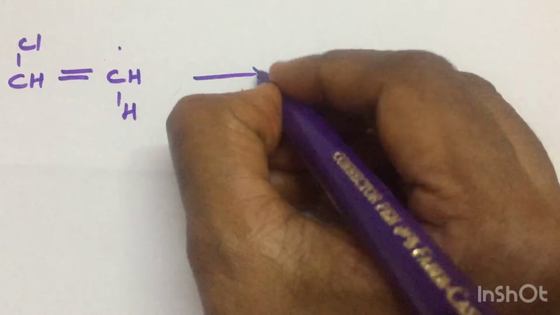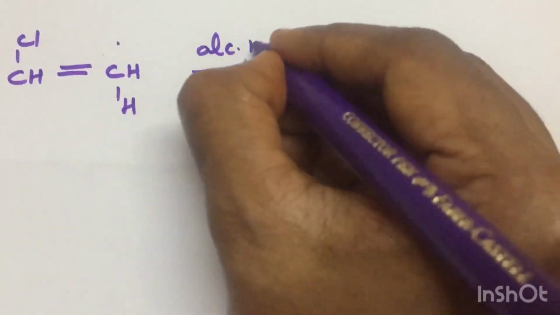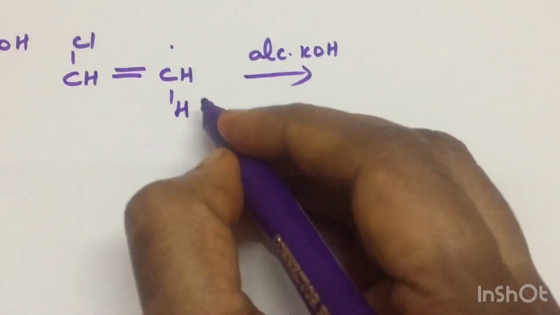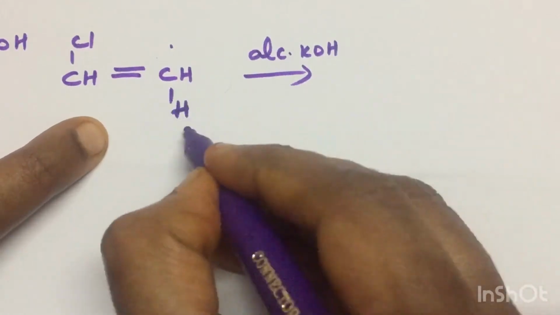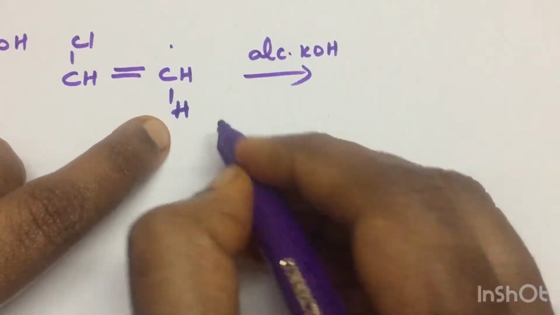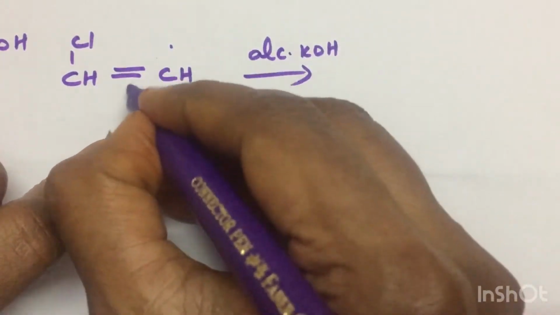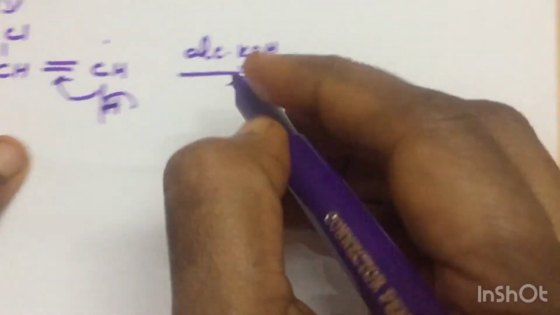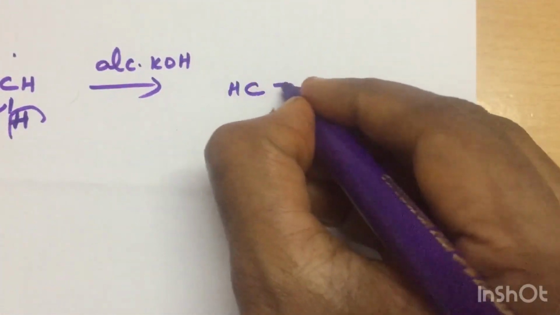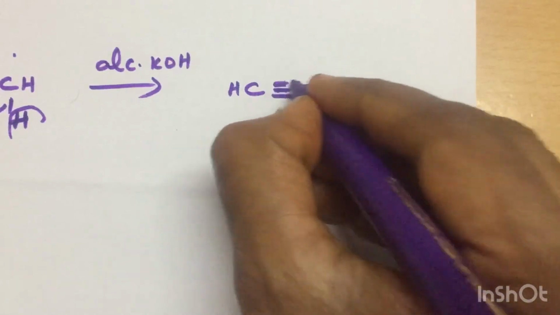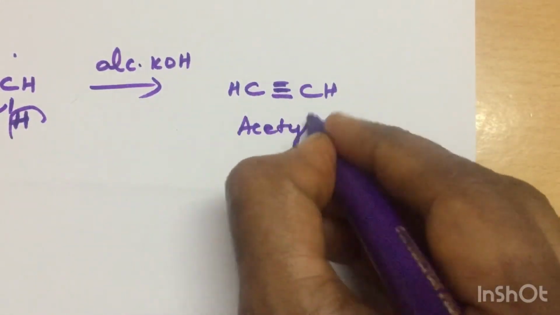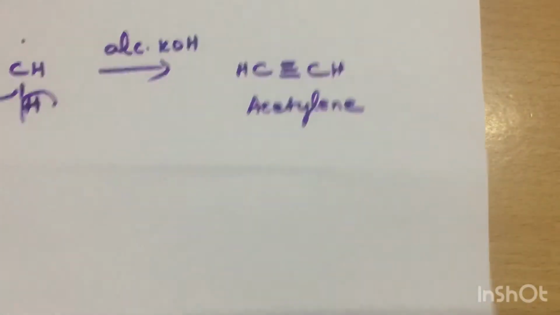Now the second elimination will also take place. Here the OH minus will take this proton, and you will get acetylene.